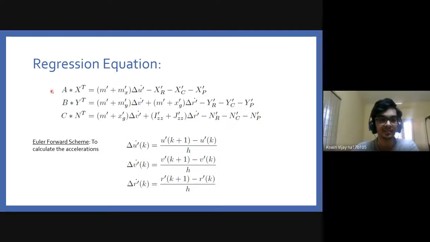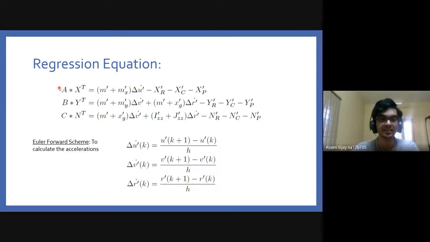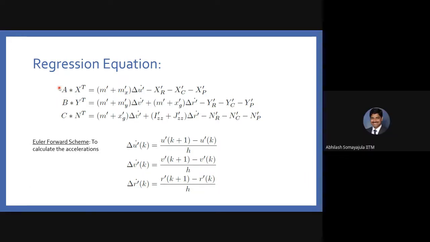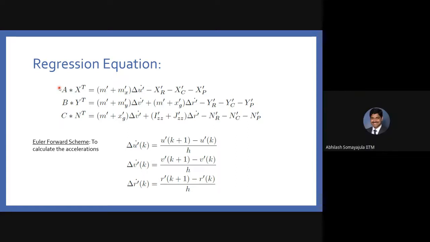If you have, say, 800 data points, and you're looking at a single maneuver coming from a turning circle maneuver, then what will be the sizes of A, X, and your right hand side?